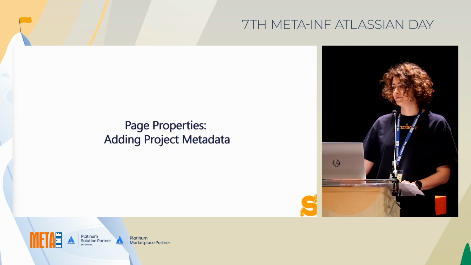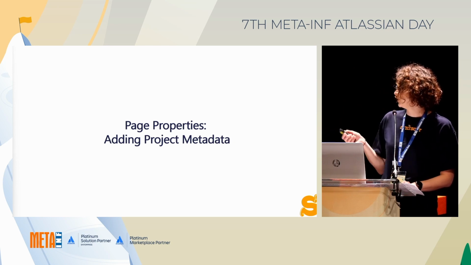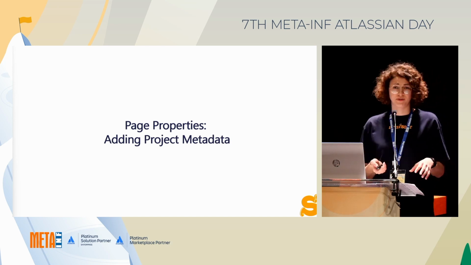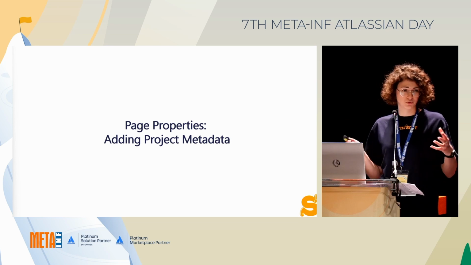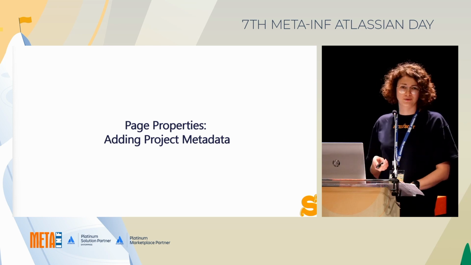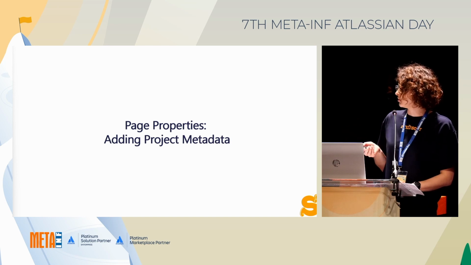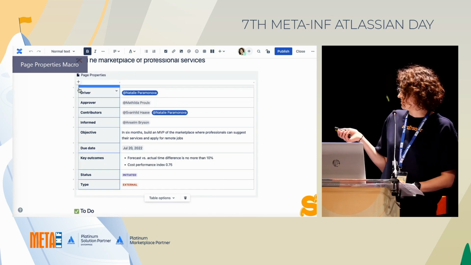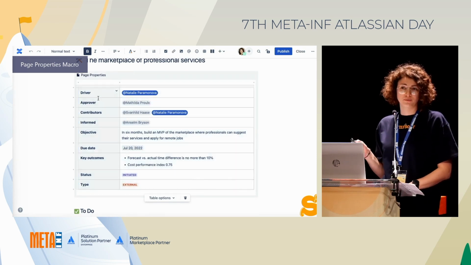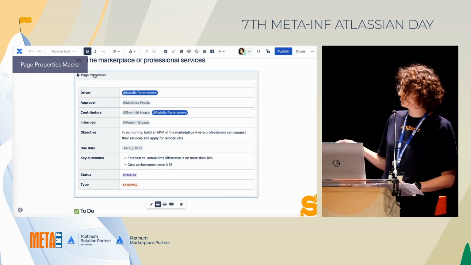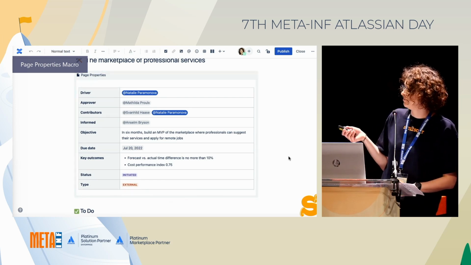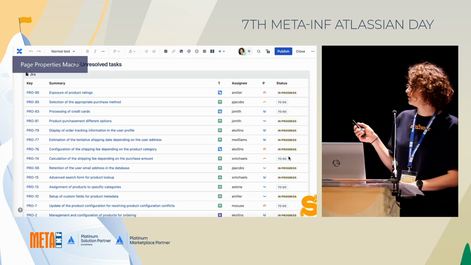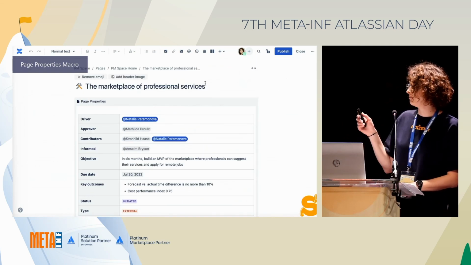For example, I'd like to show you a case where you can use the Page Properties and Page Properties Report macros together with our app to power up your pages and your reporting processes in Confluence. If you store project-related data on separate pages, of course you may have a lot of data in every project, but you can pick the most important data related to your project and place it inside the Page Properties macro.